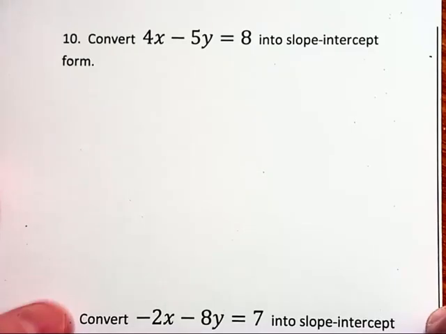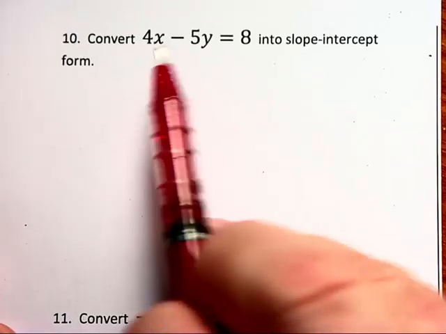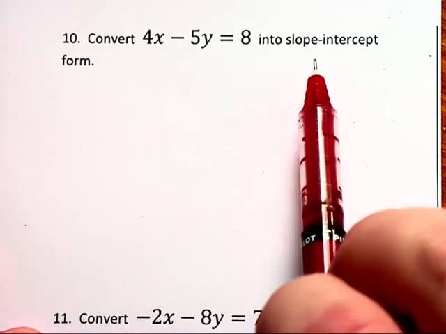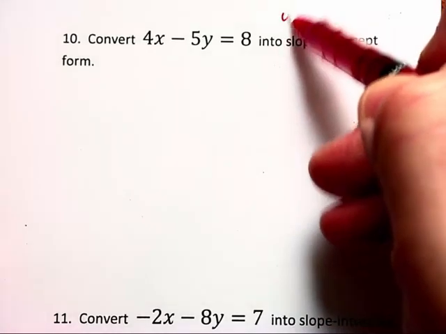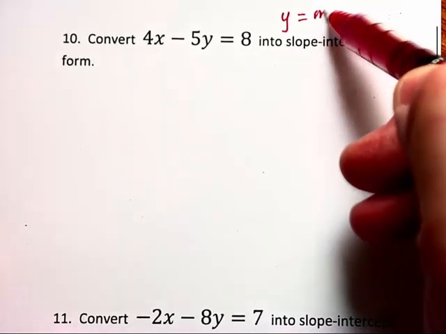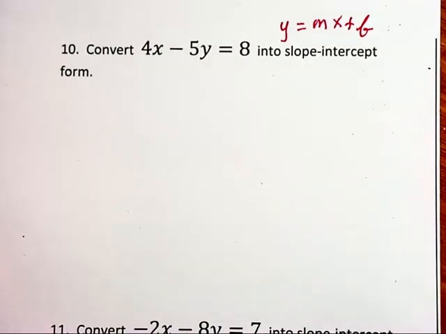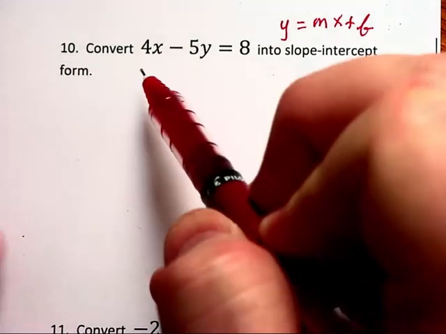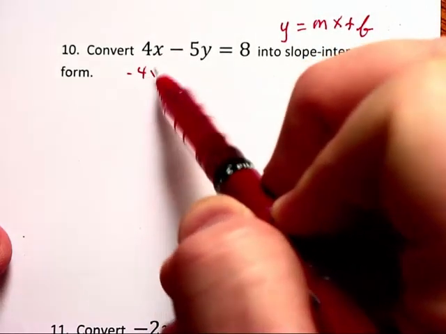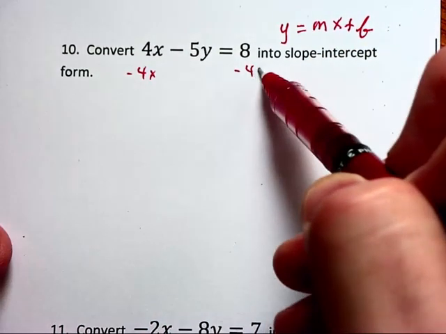Let's work with this next equation and convert it from the standard form into slope-intercept form. Slope-intercept form is y equals mx plus b. So we're basically being asked to convert this or solve for y. First thing I want to do is subtract 4x on each side of the equation.